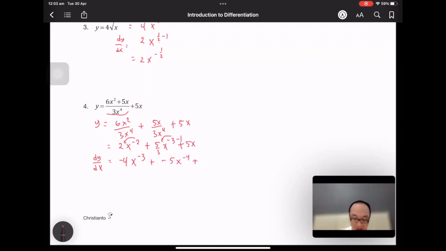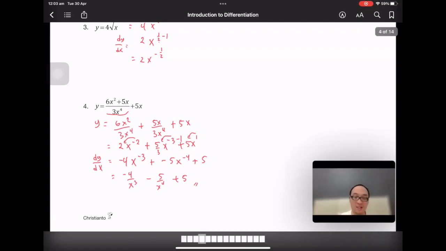Plus 5x is x to the power of 1 times 5, so this is 5. And we simplify: negative 4 over x cubed minus 5 over x^4 plus 5. Yeah, this is the answer.